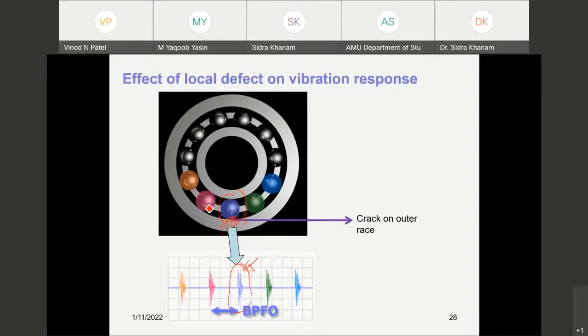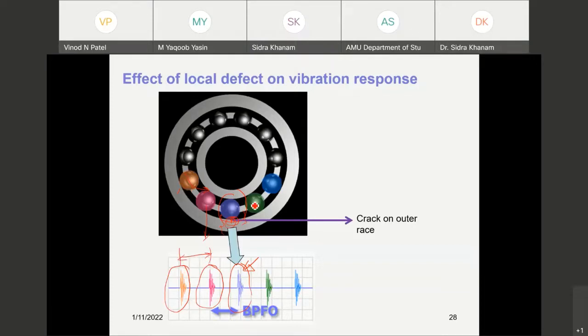When another element comes into contact with the same defect, because the cage is rotating in this direction, another impulse will be generated. As the third ball comes into contact, an impulse is generated again. In the same way, this continues. But the important thing is that the time between impulses will be constant.